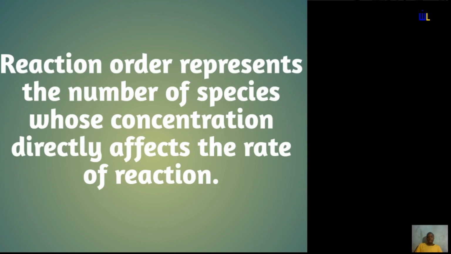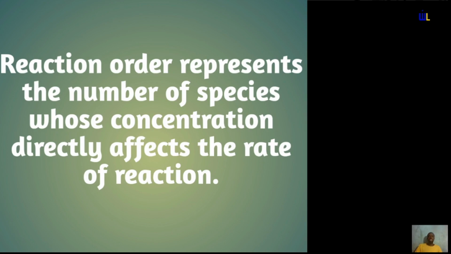It simply implies that the order of a reaction will tell us the number of species whose concentration affects the rate of reaction. What do I mean by that? If you have a reaction and you notice that they tell you that this is a first order reaction, it simply means that only one substance or one species affects this rate. That is to say, the rate of reaction only changes when the concentration of one species changes.